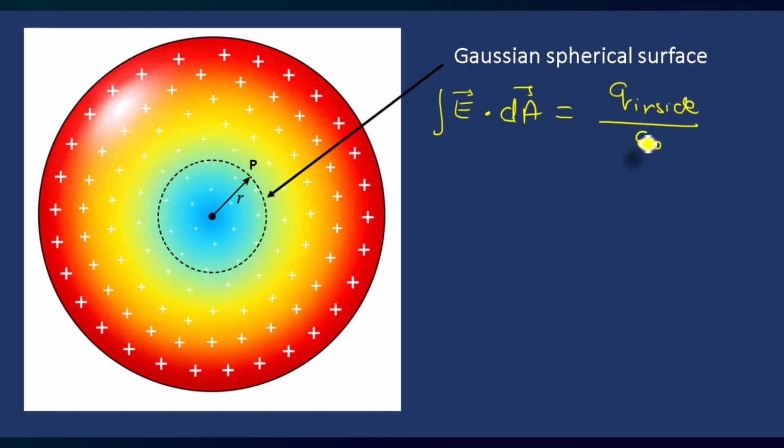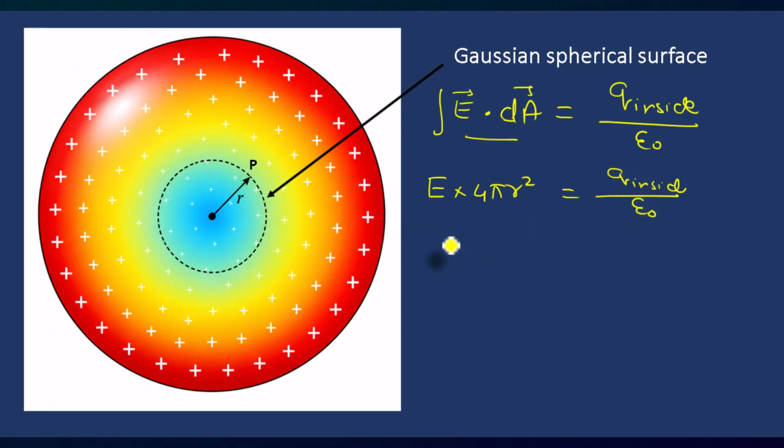Now, as discussed in the previous videos, the left hand side remains straightforward because of spherical symmetry. The electric field has the same magnitude everywhere on the Gaussian surface and is directed radially outwards. Therefore, the left hand side will be E into 4 pi r square, as I have explained in the previous videos. So, the equation becomes E into 4 pi r square equals Q inside upon epsilon naught.